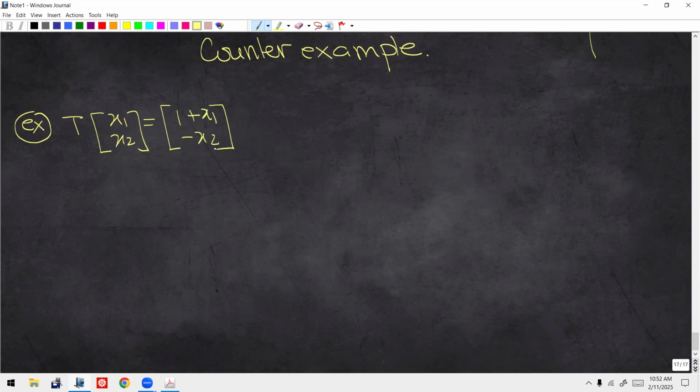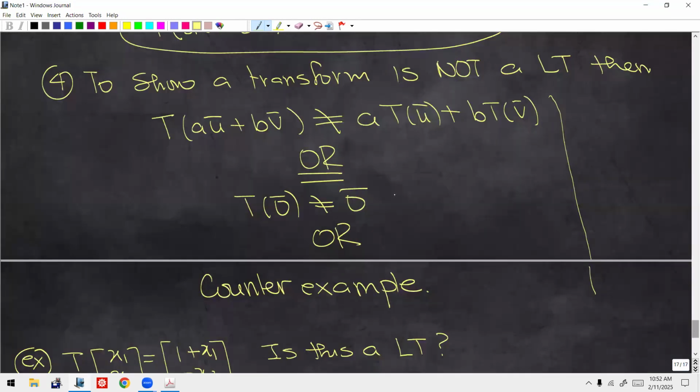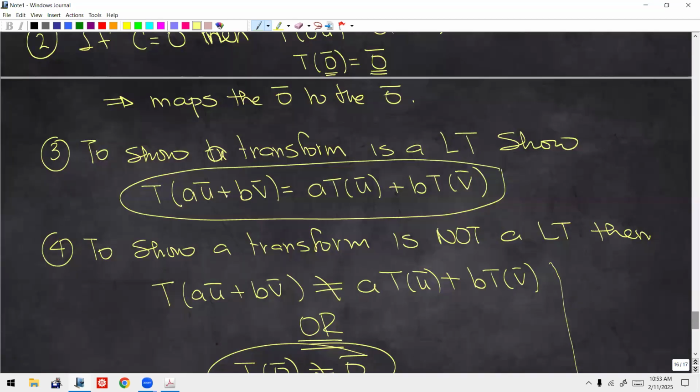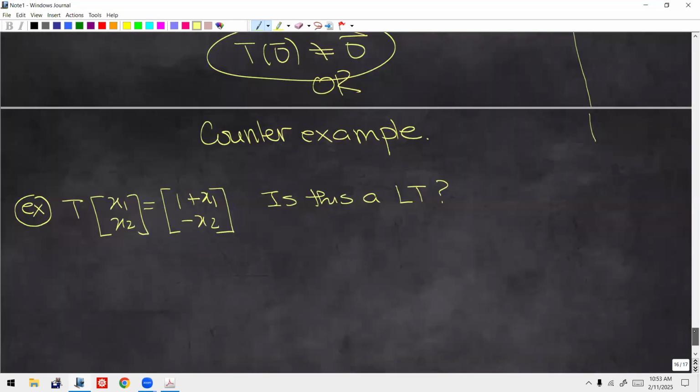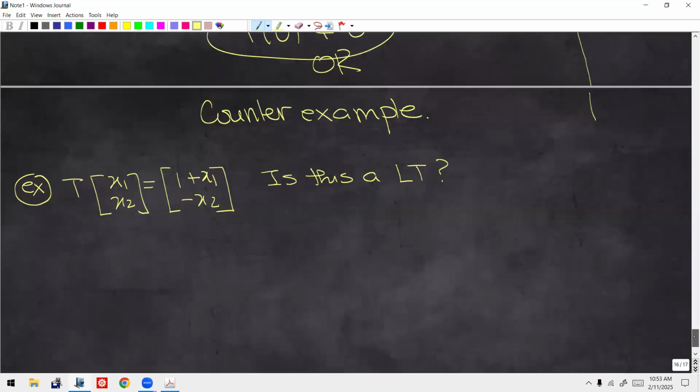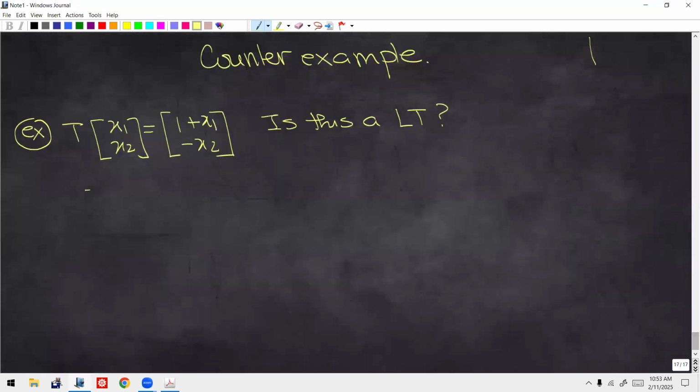Well, they've asked us, is this a linear transformation? I always check the 0 case right away. Once you do enough problems, you'll know whether it is or it isn't. But let's do that. It should map the 0 vector to 0, 0. We should end up with 0, 0. So let's see what happens.